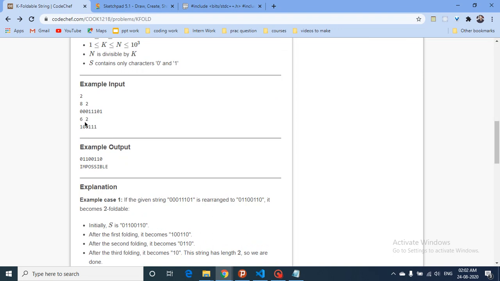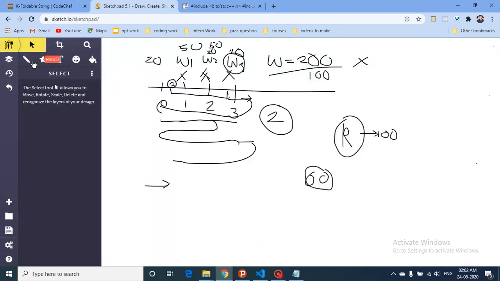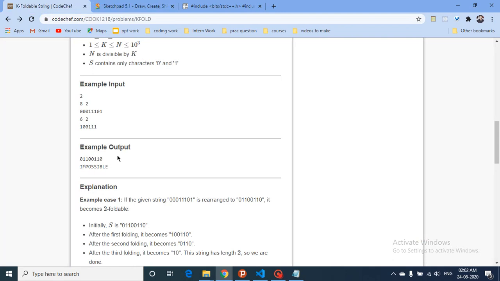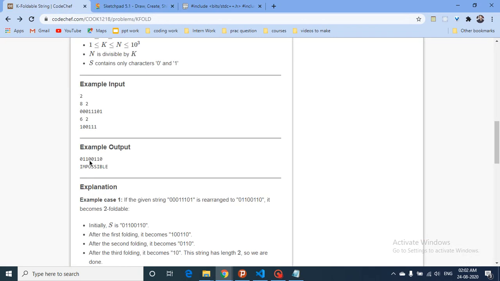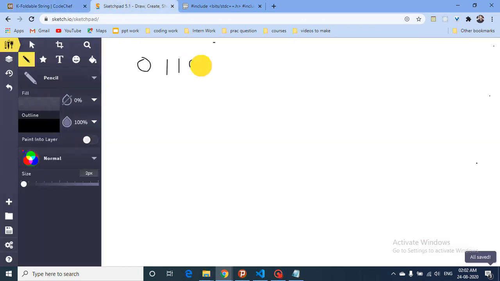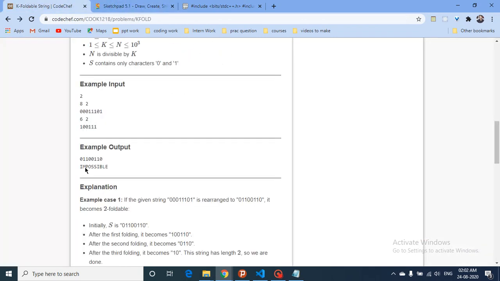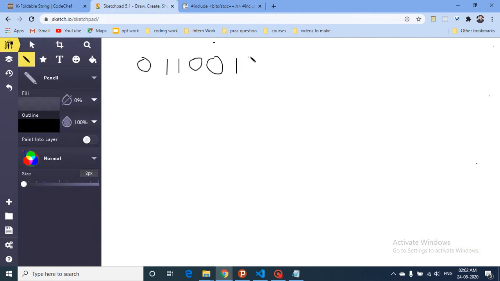You can understand how to fold with this example. Take the first input, which is 0 1 1 0 1 1 0 0 0 0 1 1 0 1 1 0, and this is k foldable with k equal to 2. How can you check that?